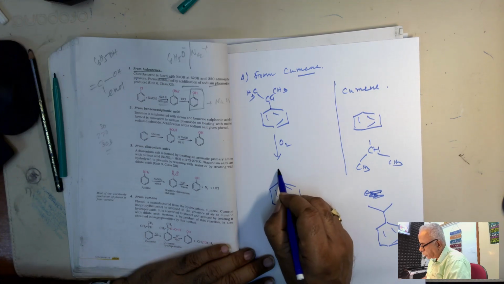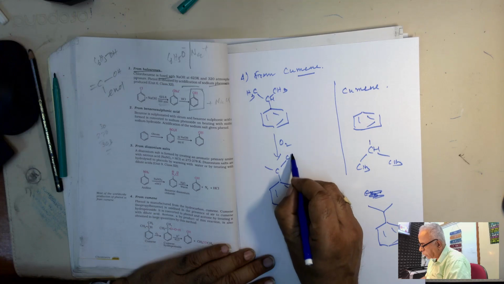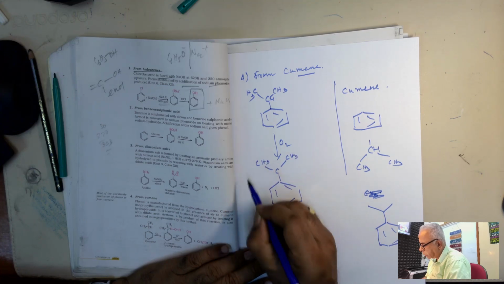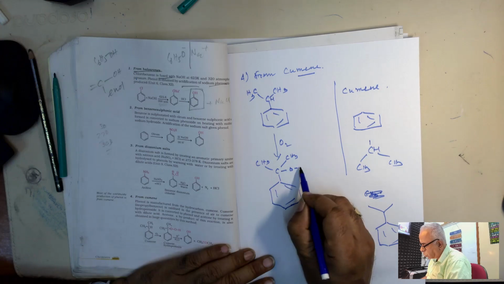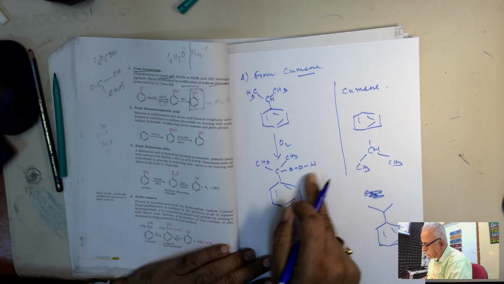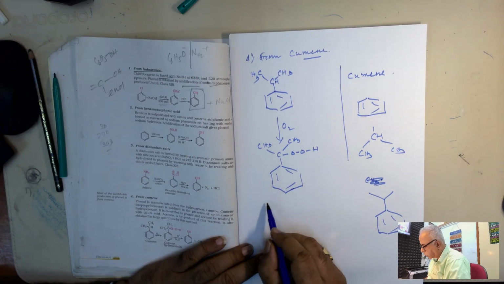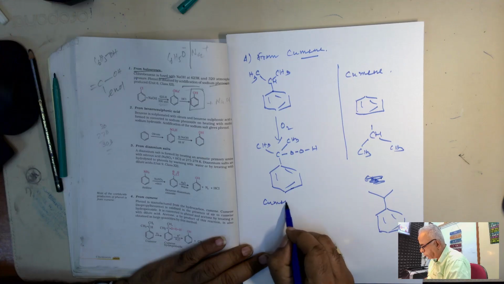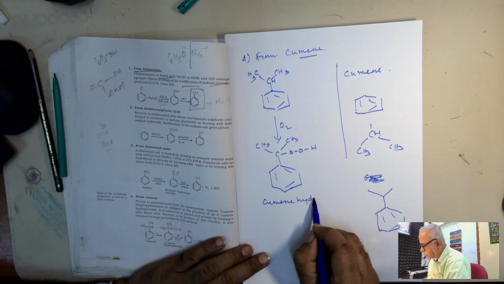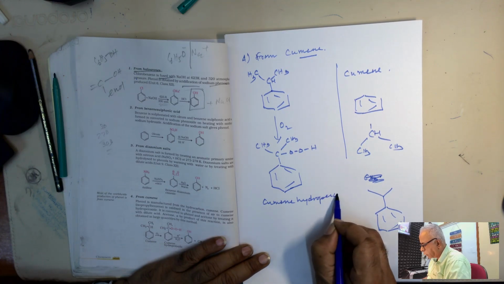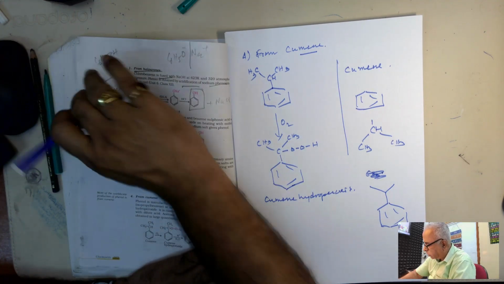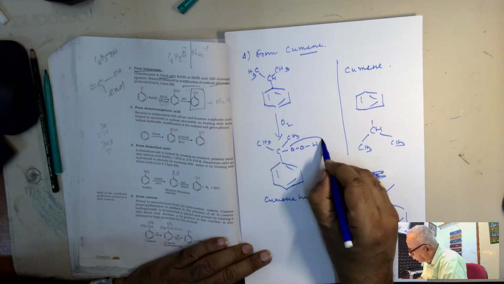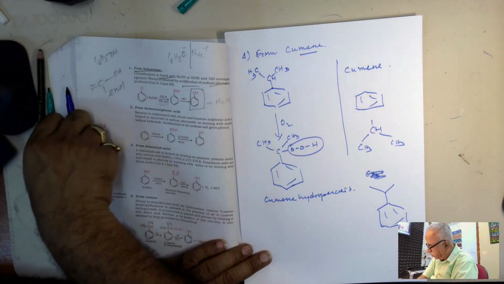So you have CH3, CH3, and instead of CH you will have COOH. This is called cumene hydroperoxide. Take down: cumene hydroperoxide. And this linkage is called the peroxide linkage. Okay.